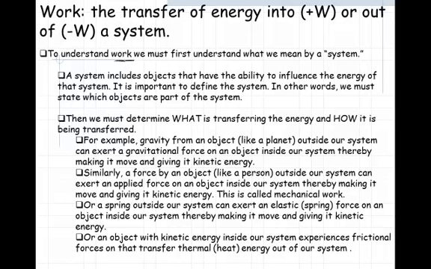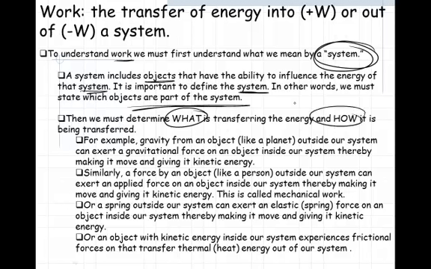To understand work, we need to understand what we mean by our system. Our system includes all the objects that have the ability to influence the energy of the system. It's important to be able to define that system. In other words, we must state which objects are part of the system. Then we have to determine what is transferring the energy and how it's transferring it.